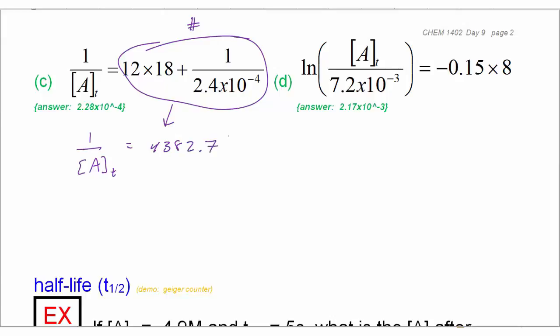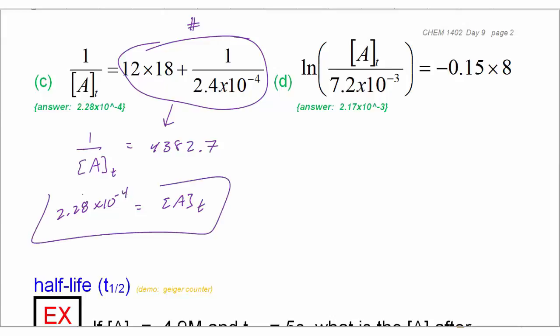So I started with the 2.4 times 10 to the negative 4, did the 1 over x button on the calculator, so that flipped it, and then plus 12 times 18, I get 4382.7. Now I just need to flip that. Shift 1 over x. 2.28 times 10 to the negative 4. Okay.